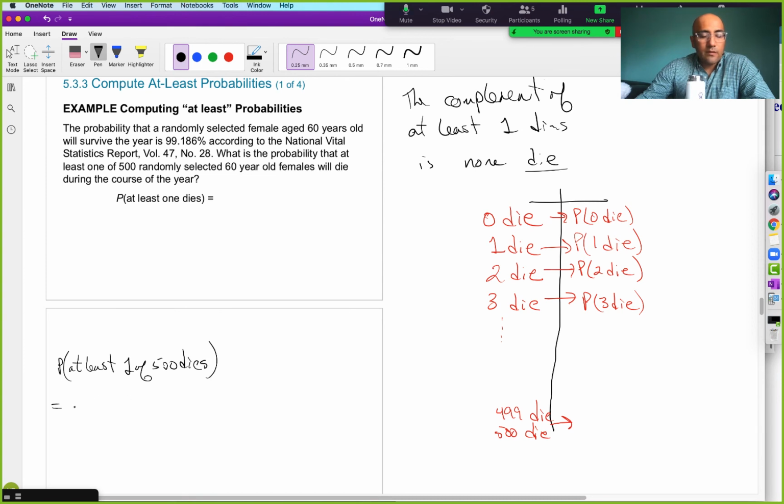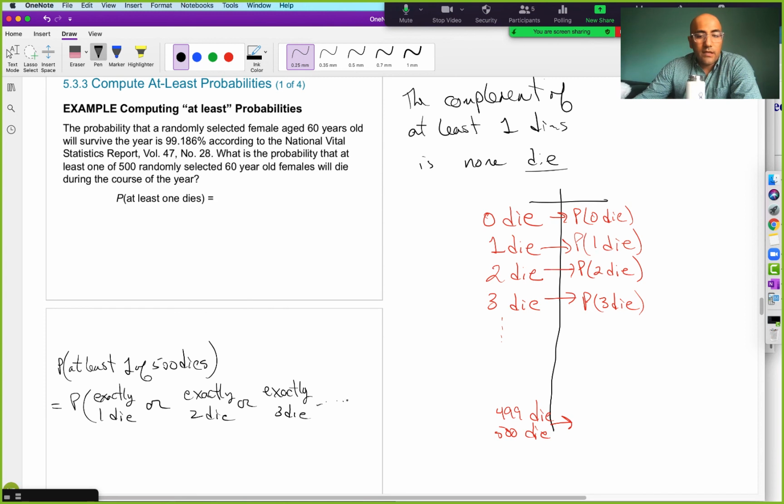Well, this can happen in several ways. Maybe exactly one dies, right? Or maybe exactly two die, or exactly three die, right? All of these statements satisfy at least one died.